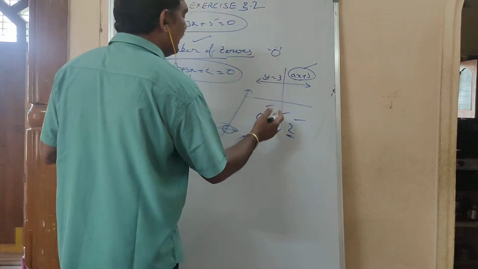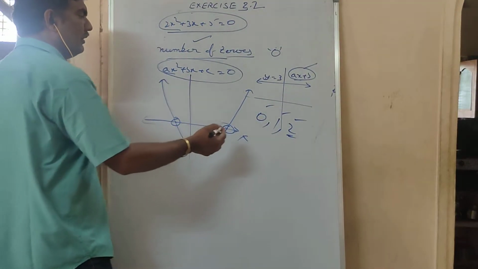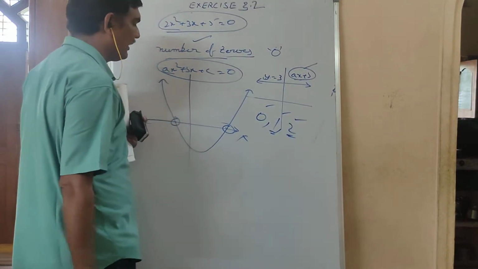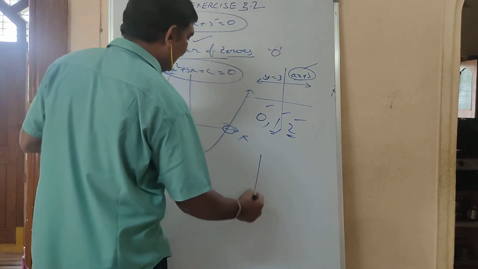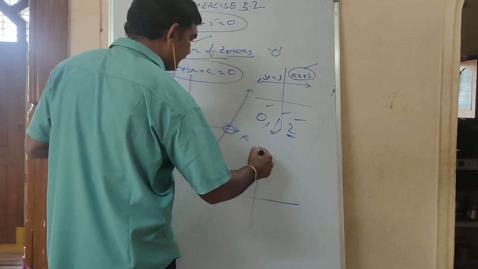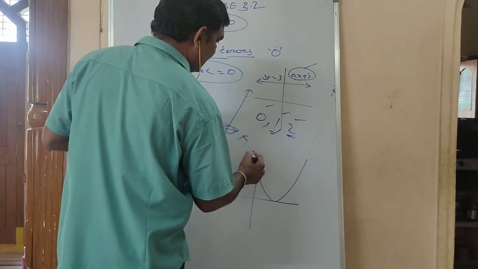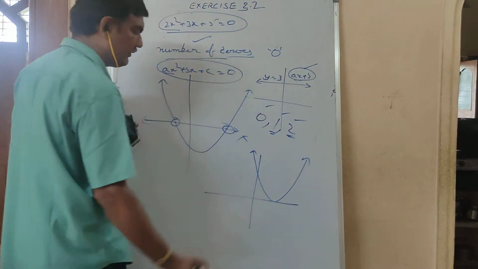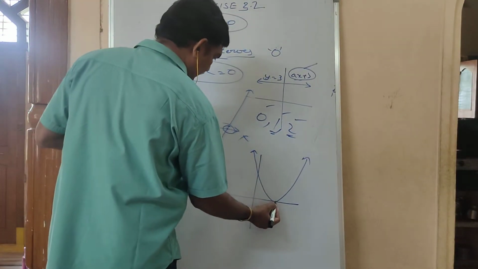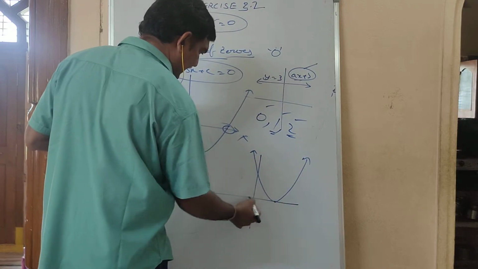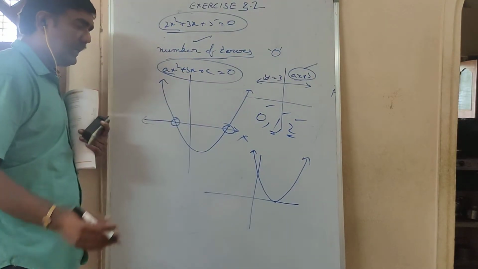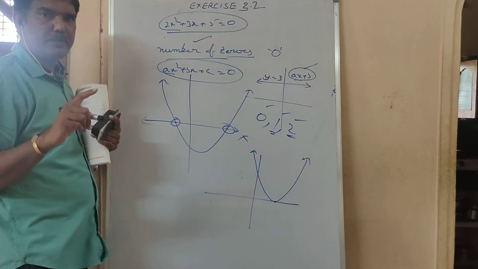Maximum is 2. Minimum 1 also can be. How will minimum 1 be there? See, if I draw a graph like this, it is also a graph of a quadratic equation only, but it is intersecting the x-axis at only 1 point.